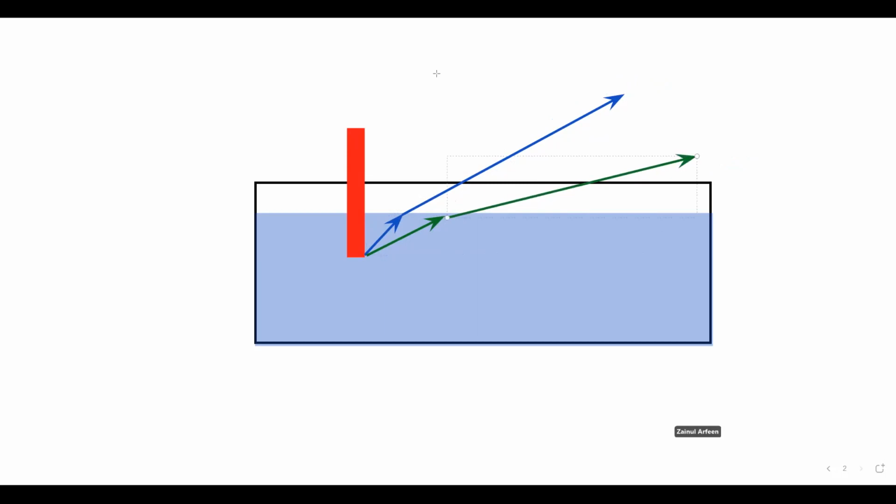So the two light rays will not meet; the two light rays will not intersect. When we look at these two light rays, our brain creates an imagination, an optical illusion.